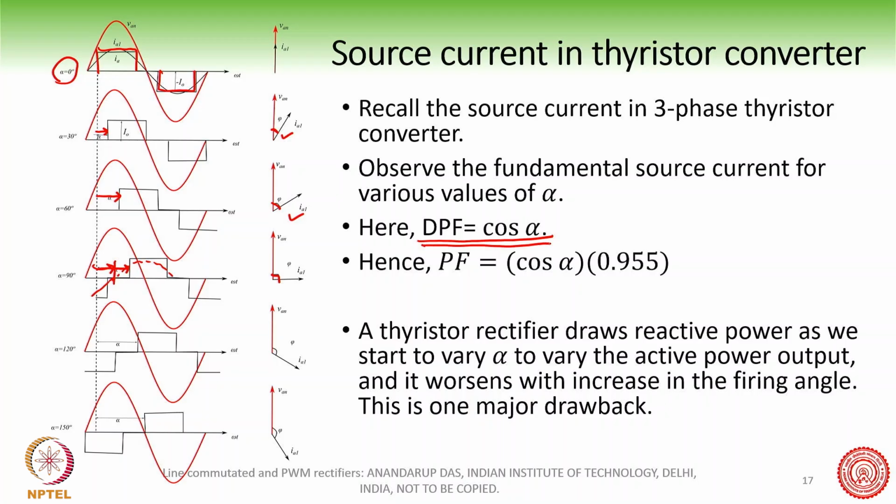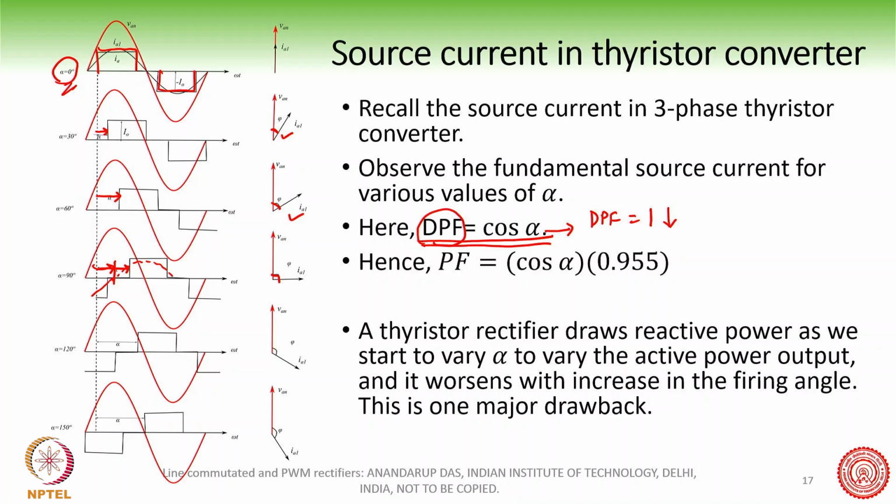Which means as we go on changing the firing angle of the thyristor, we change the output voltage, but at the input side the dPF is falling. When alpha is equal to 0 degree, dPF starts from 1, but it then goes down progressively as we increase the value of alpha.